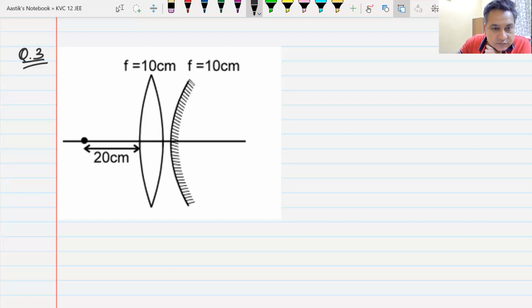Where is the answer? The answer given in the module is minus 20 centimeters. Are you getting this? Yes, sir. Well done. Then everyone got this?